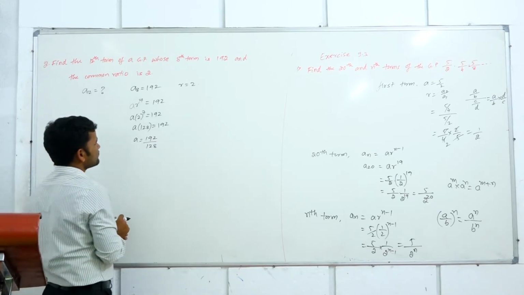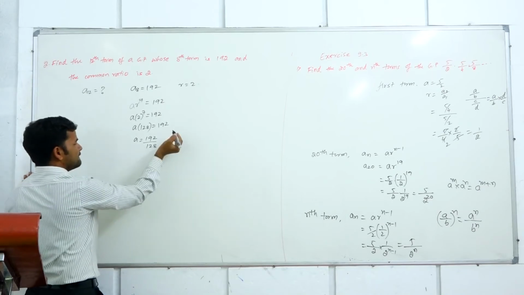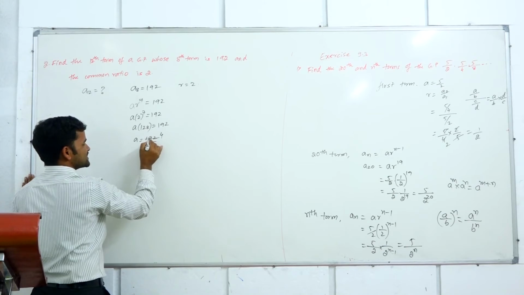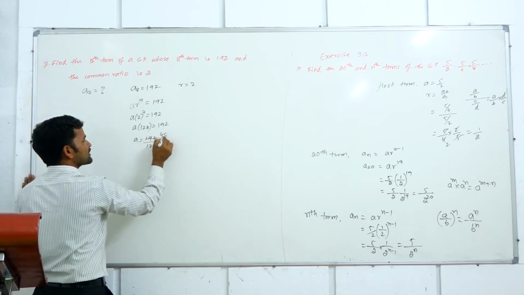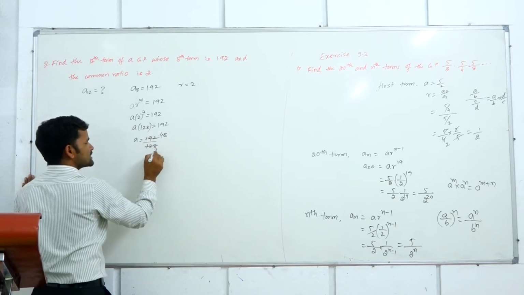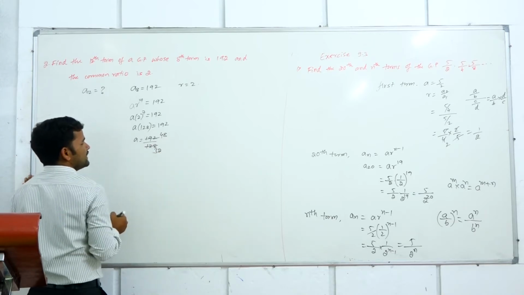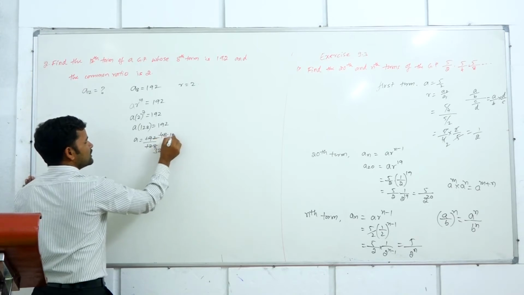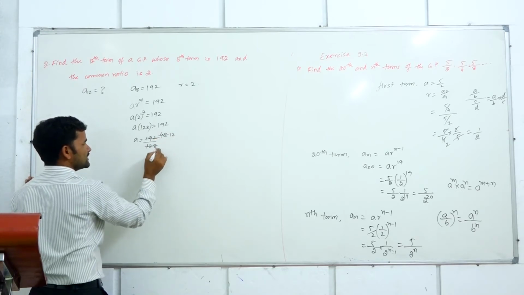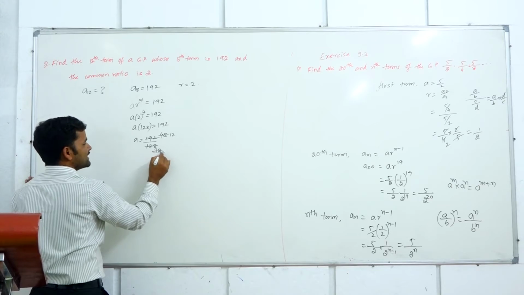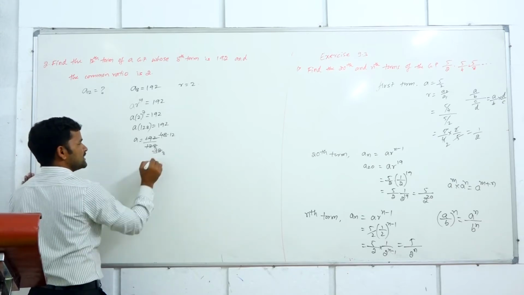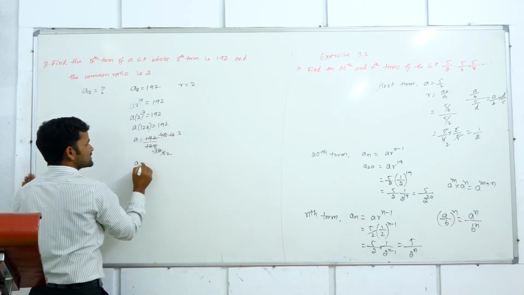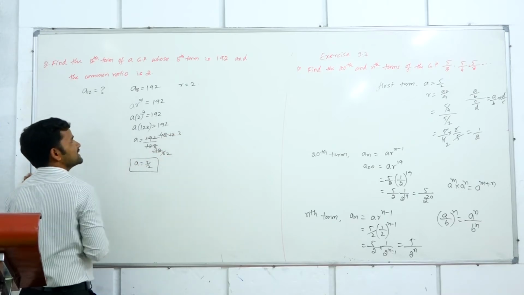Cancel this. 4 we will cancel, and again 4 we can do. The first term A is equal to 3 by 2.